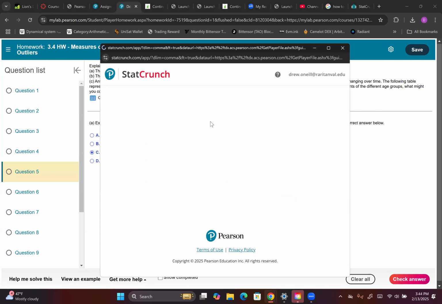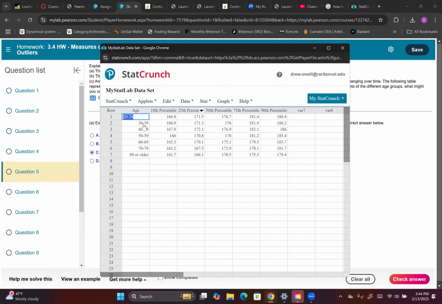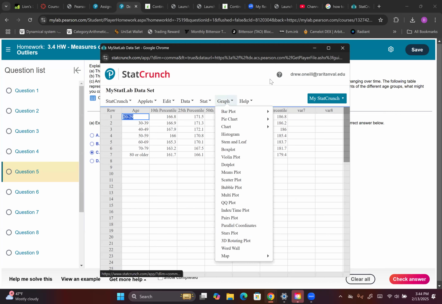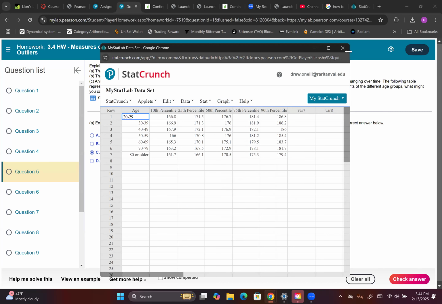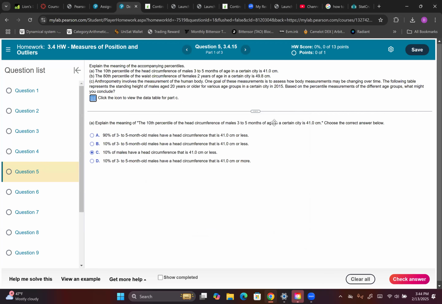Probably it's two different data sets. Very strange. Okay, so waist circumference. I don't think this data is for this question, it's for part C. So we're really just limited to what we're given here.